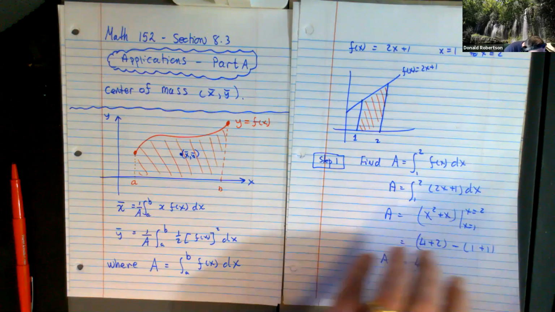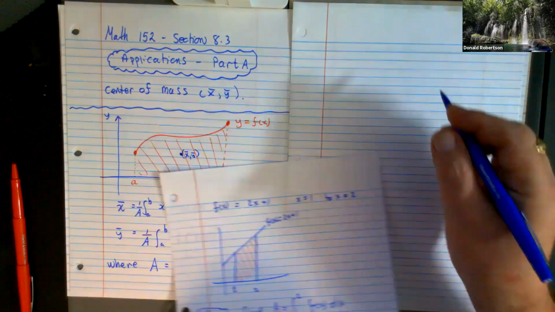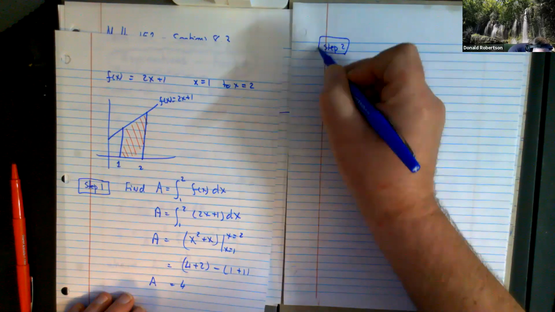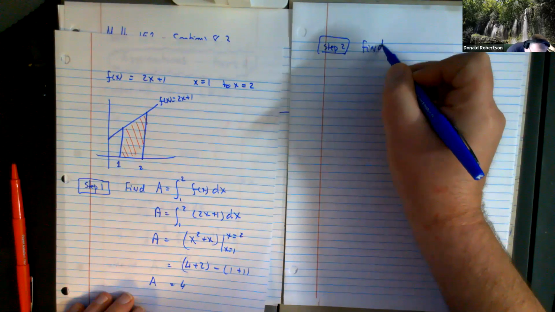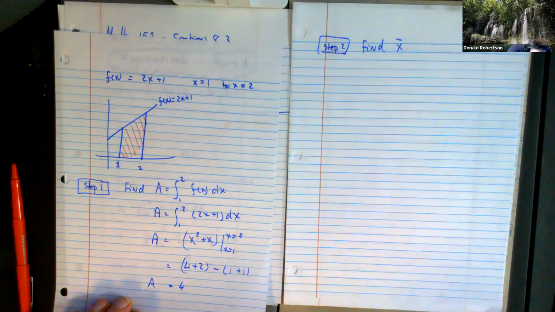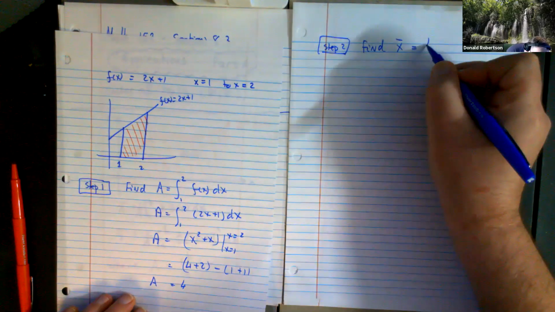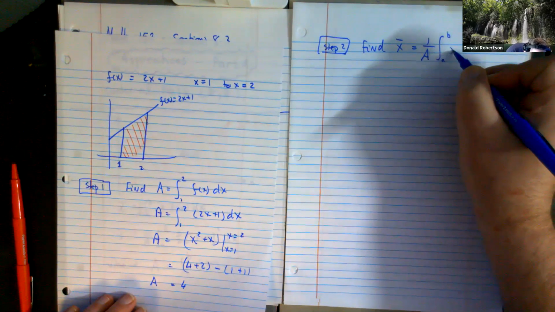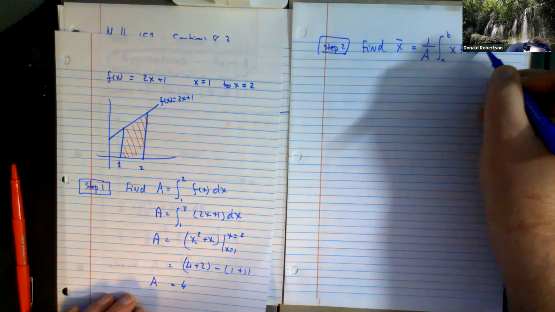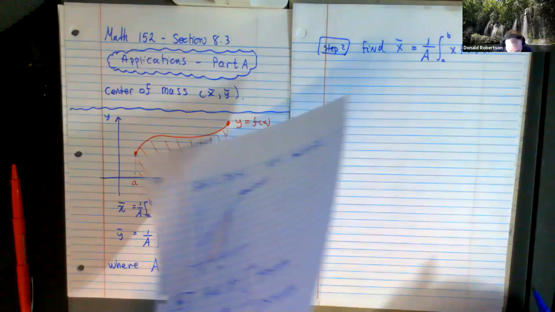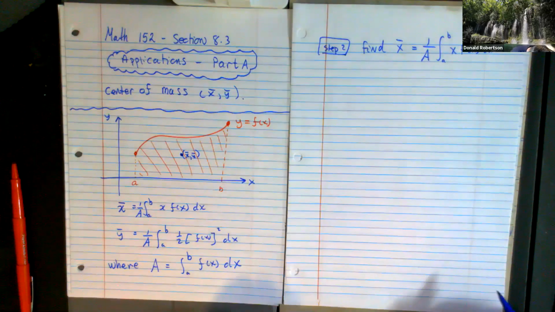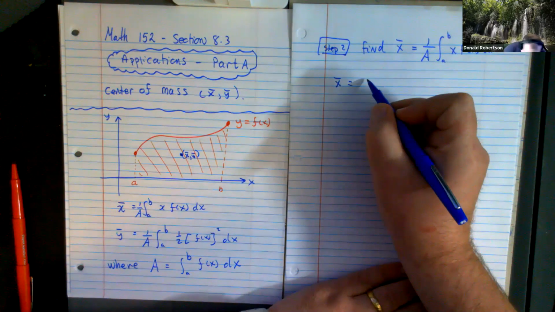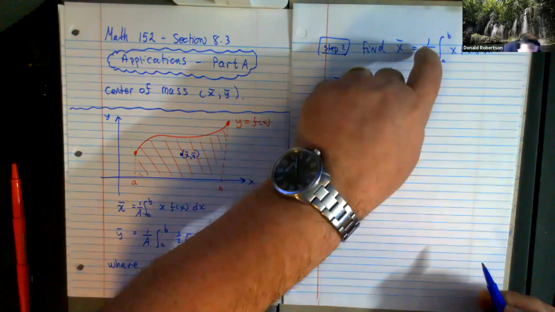So your second step, step 2, not too surprising, find x bar. And it's 1 over A, the integral from technically from a to b of x f of x dx. I'm keeping this particular example pretty simple. So since A is 4, it's 1 over 4.